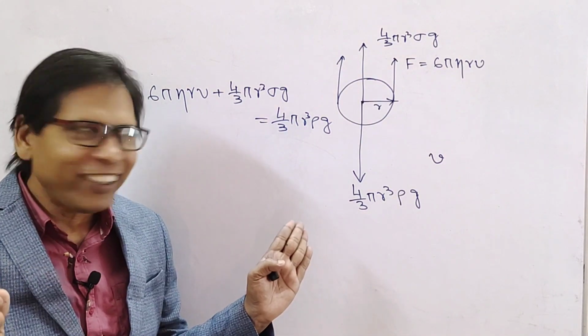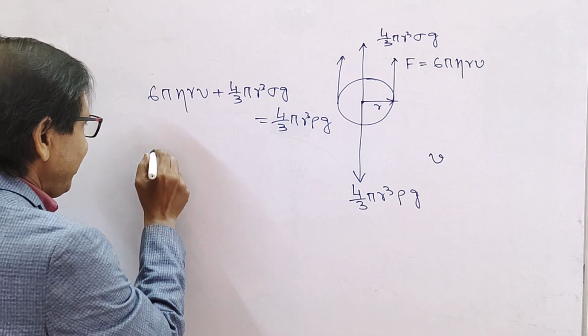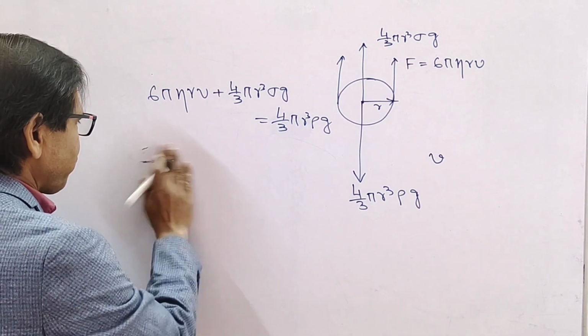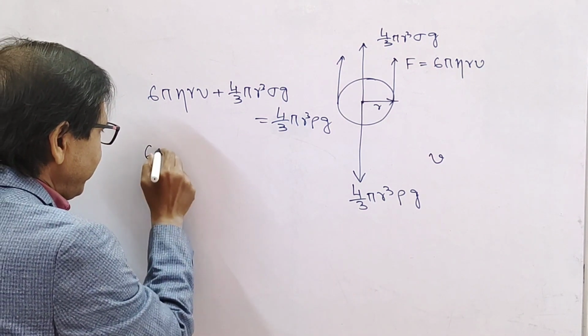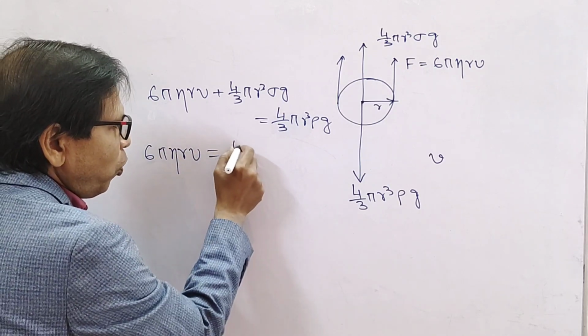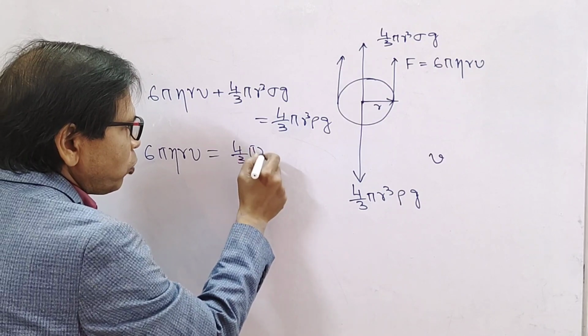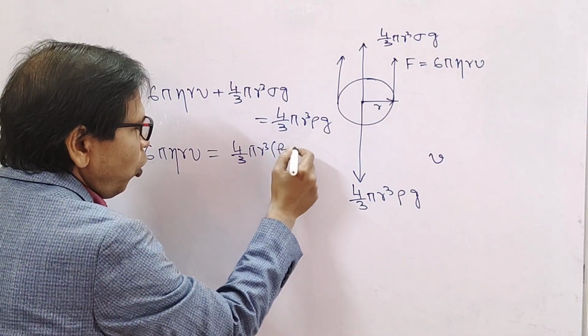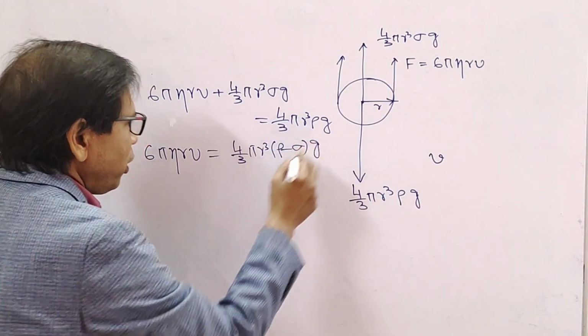Understood? Now look at this. 6 pi eta r v equals 4/3 pi r cube into (rho minus sigma) into g.